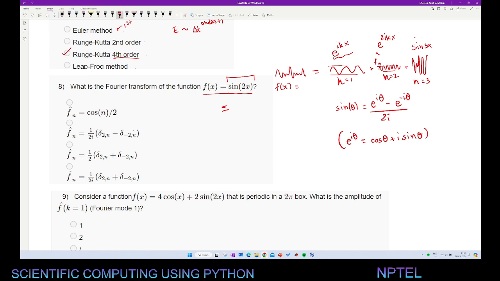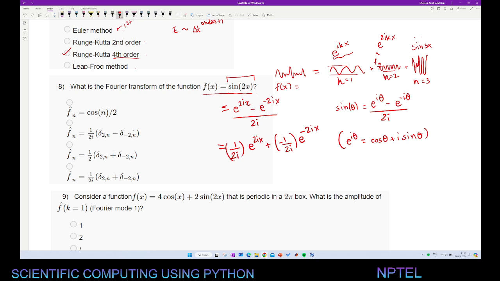So now sine 2x will be e to the power 2ix minus e to the power minus 2ix divided by 2i. So let me write it like this separately, 1 by 2i times e to the power 2ix and plus minus 1 by 2i times e to the power minus 2ix.